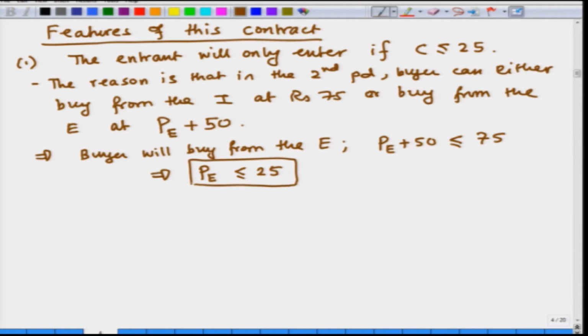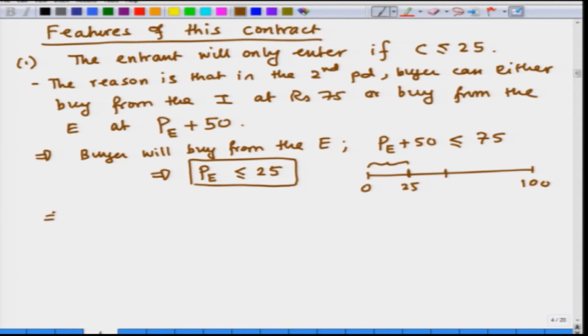What does this mean? The entrant's marginal cost is uniformly distributed between 0 and 100. The maximum price that the entrant can charge when a contract is present between the incumbent and the buyer is rupees 25. This essentially means that only an entrant with marginal cost less than or equal to 25 can profitably enter and compete with the incumbent.